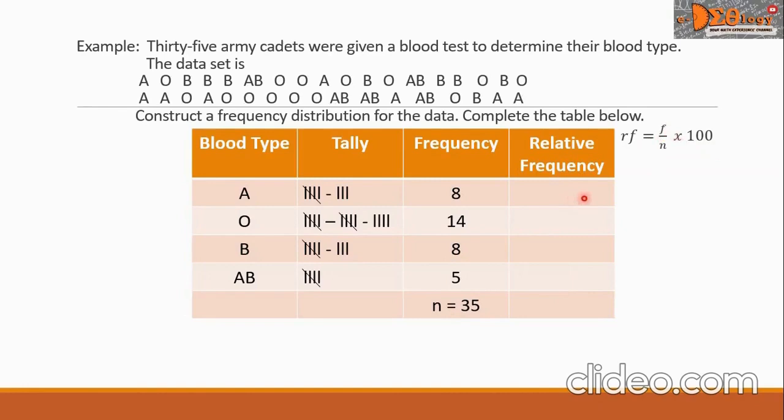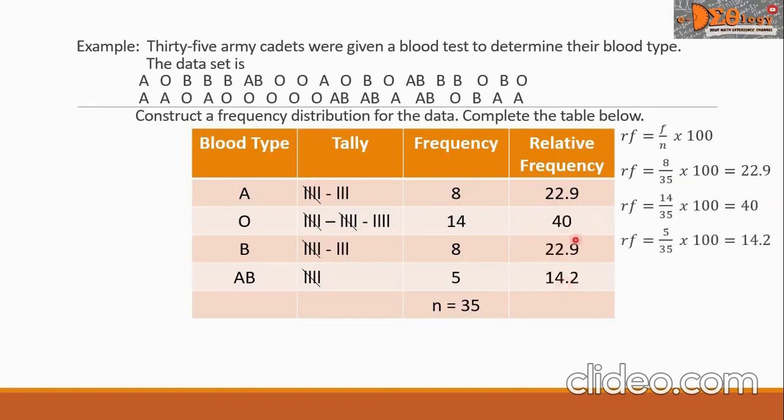So for the first blank, we're going to have this number 8 divided by 35 times 100. And this is equal to 22.9. This value we will copy on the first blank. So there we go. And then we will use this same formula to compute for our remaining relative frequency. So we have this number 40.